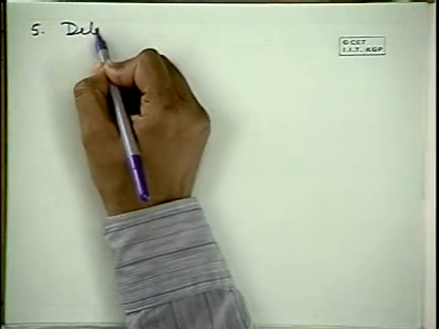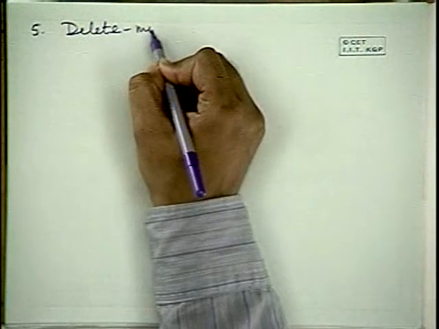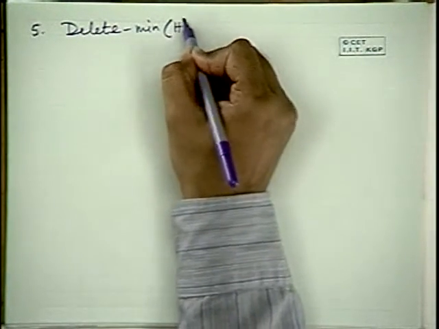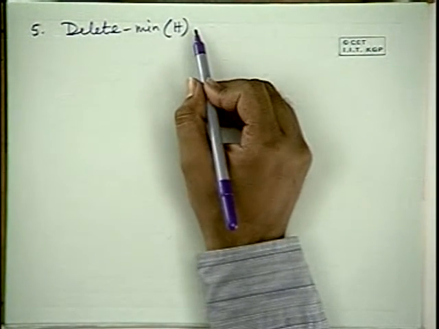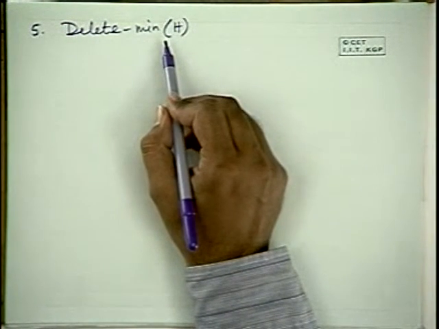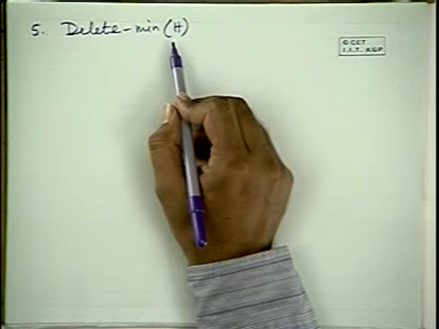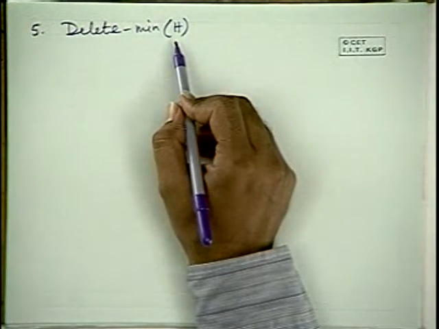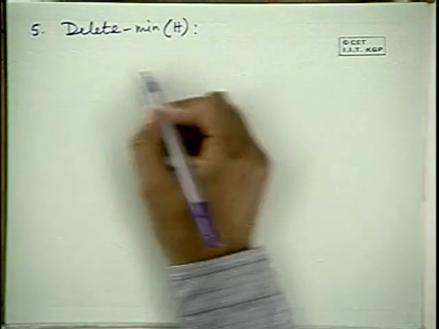So this is the fourth operation we had. Now comes the fifth operation, which is the delete min operation. So this is delete min H. So let me recall. It means we have to delete the minimum element from the heap H and readjust the heap. So what do we do for this one?